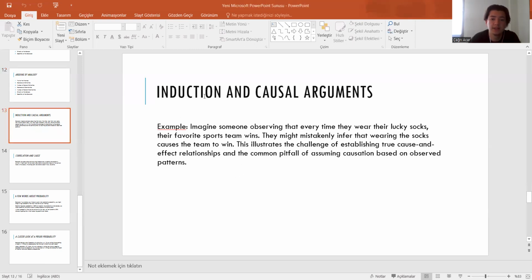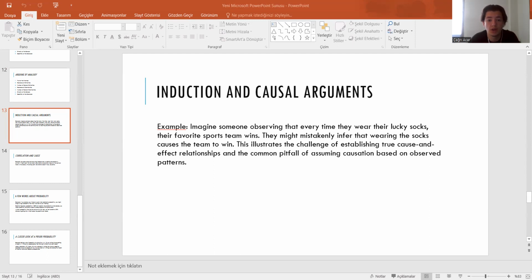The next title is Induction and Causal Arguments. In this part, the focus is on inductive arguments that aim to identify cause and effect relationships. Humans by nature seek knowledge of cause and effect, especially when surprised by events.